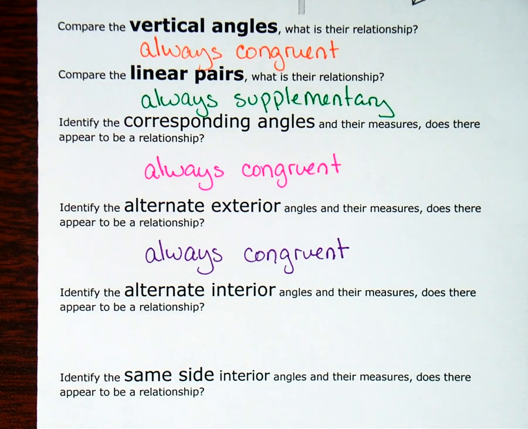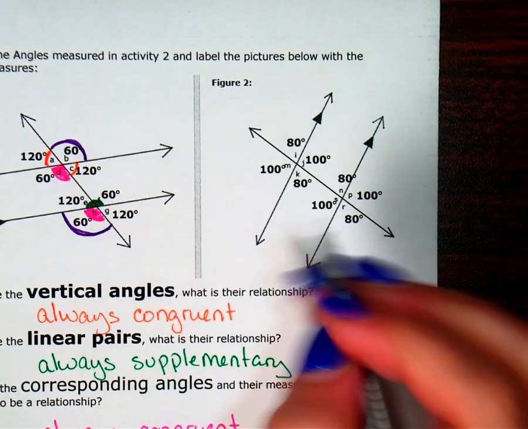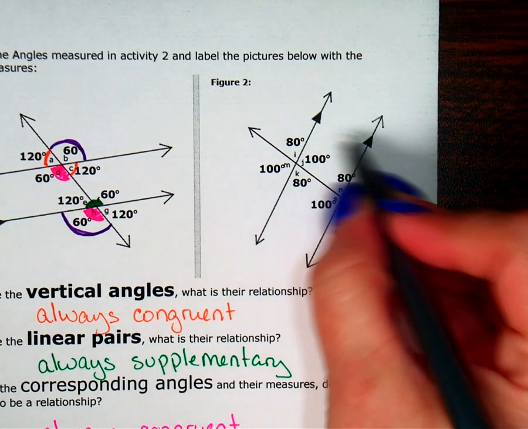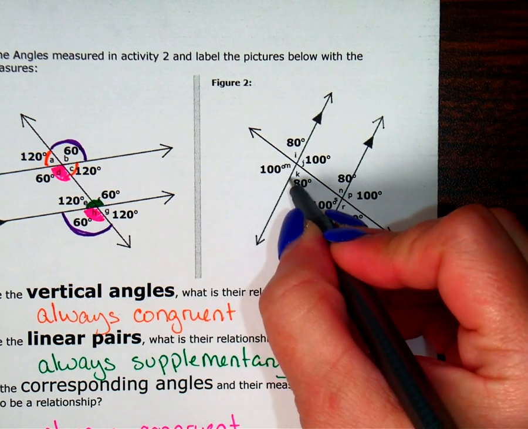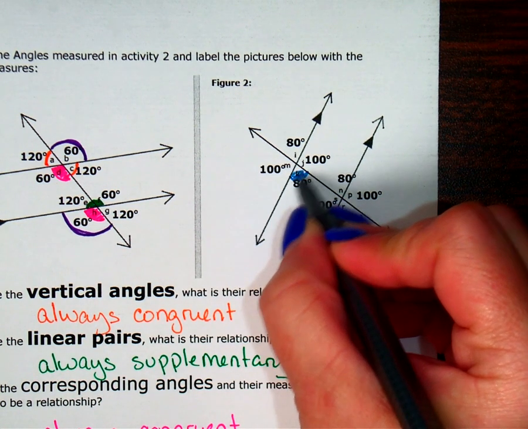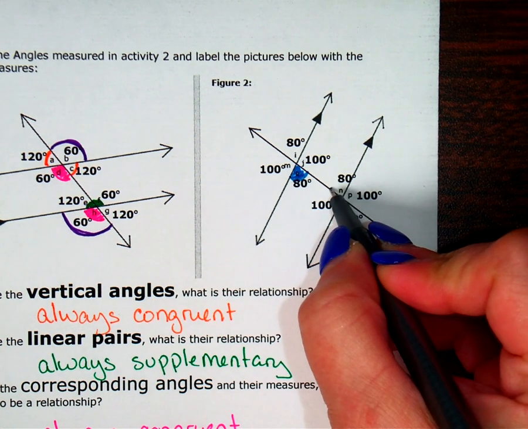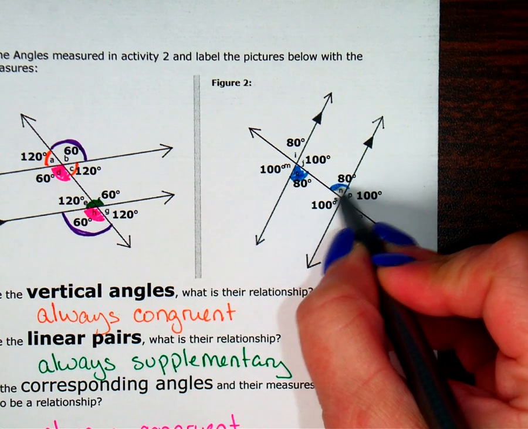Okay, let's look at my alternate interior angles. For my alternate interior angles, I'm going to switch to this picture because this one I've kind of marked all up. My alternate interior angles, I have to be in between the two lines on different sides of the transversal. So maybe this one here below the transversal, and maybe this one here above the transversal.